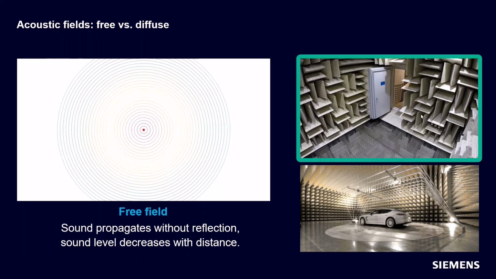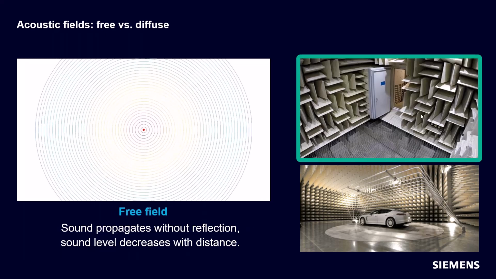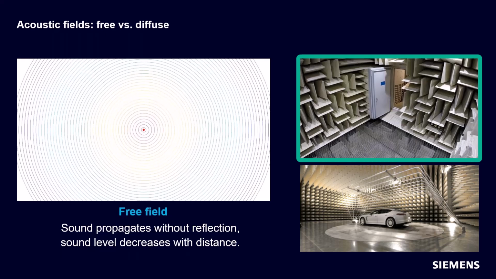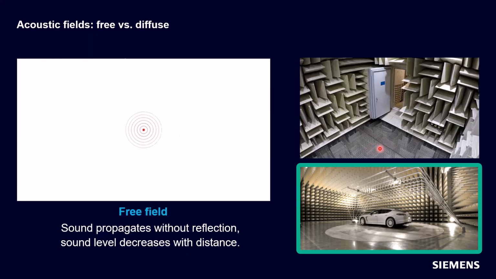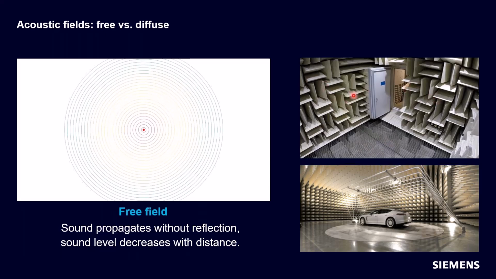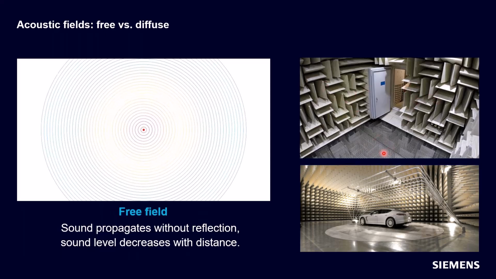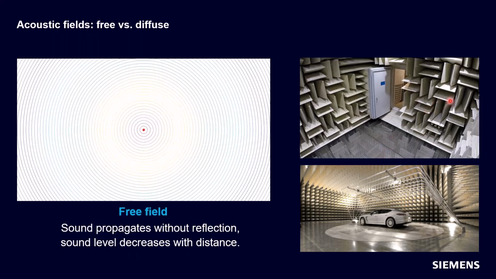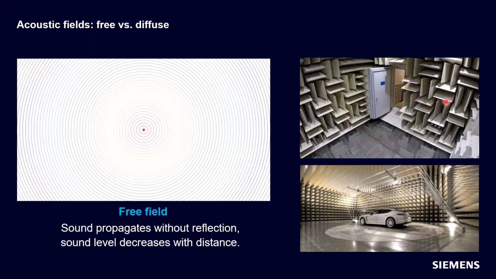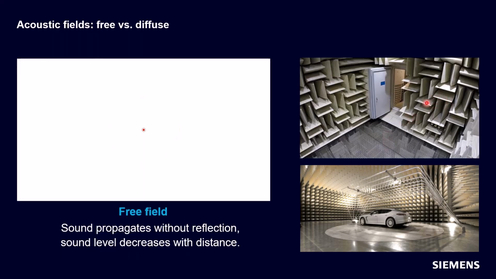And you may, in the course of your work or online, have seen these rooms called anechoic chambers, or maybe more commonly a semi-anechoic chamber where the floor is concrete rather than these wedges. The room consists of these wedges where maybe there's a sound source in the middle of the room. It's propagating out and it's being absorbed by these wedges, so the sound does not reflect back to whatever measurement microphone you're using to collect your sound data.